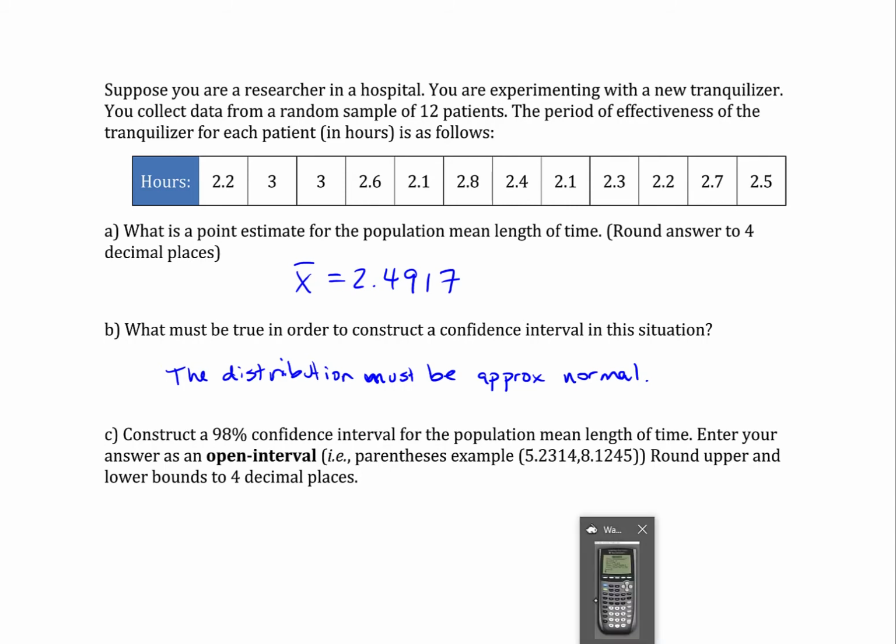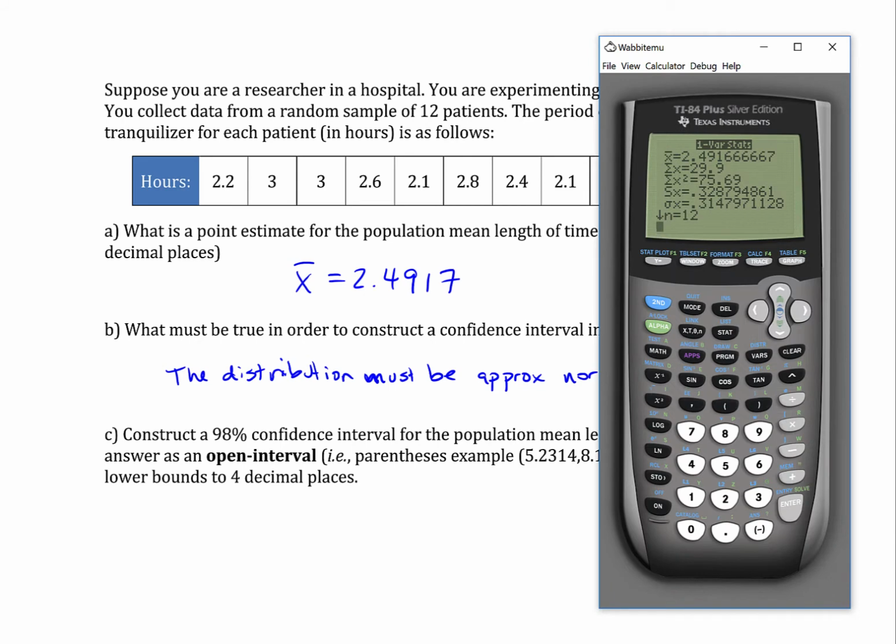Okay, so since we have a small sample, what we're going to use is the t-interval function. So you have a choice between t-interval and z-interval. When we have a small sample, we use t-interval.